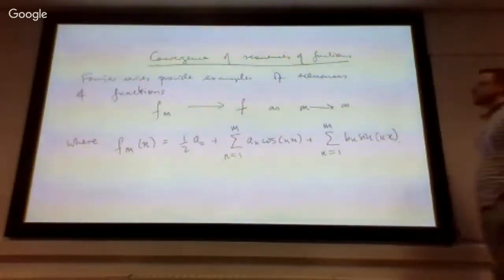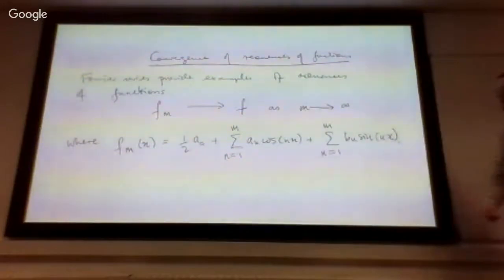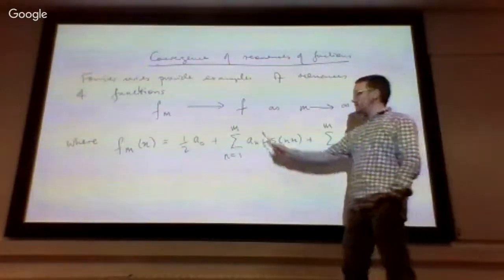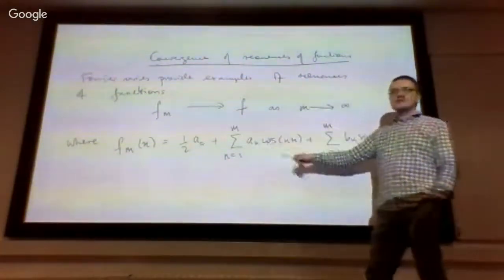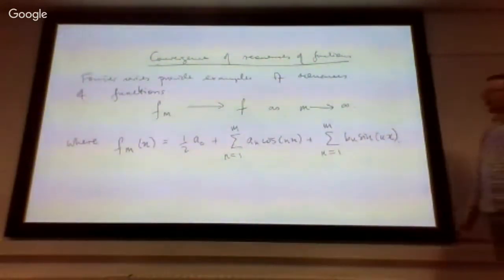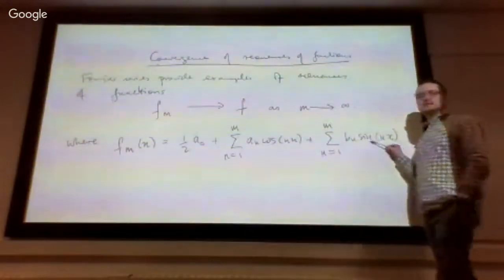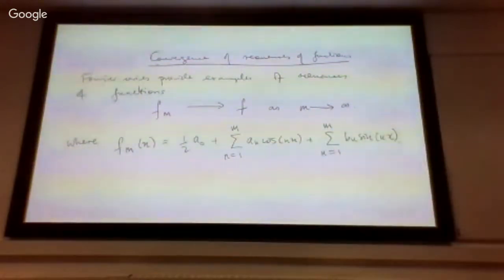F1 is just, say, the constant term and the first cosine and sine term, if they're there at all. F2 would be the constant, the first two cosines, the first two sines, etc. So the higher m is, the more terms are brought into these sums, the longer the Fourier series is written out, and the better that partial Fourier series sum approximates the limiting function.